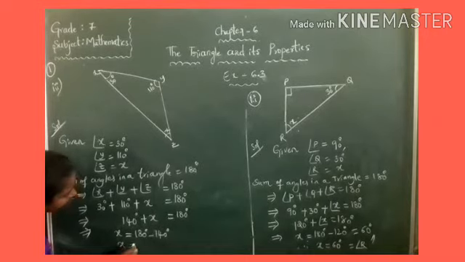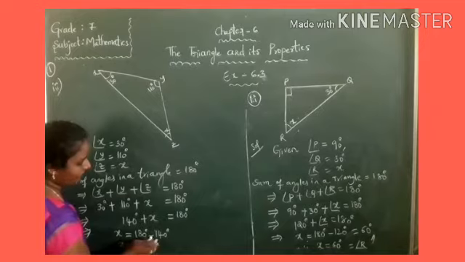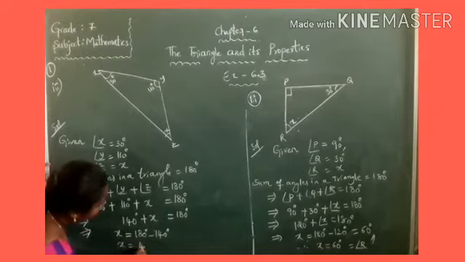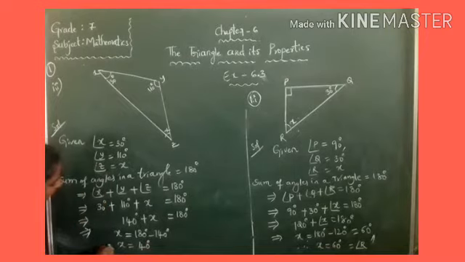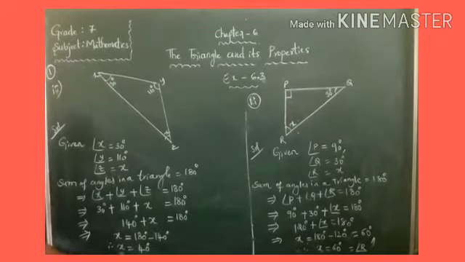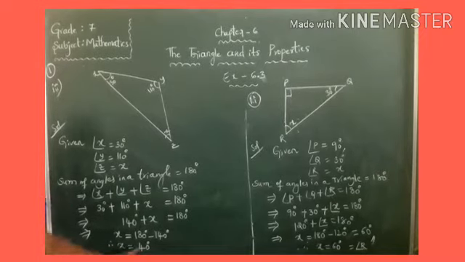Now X is equal to 180 degrees minus 140 degrees, 40 degrees. So what is the unknown value? X is equal to 40 degrees.